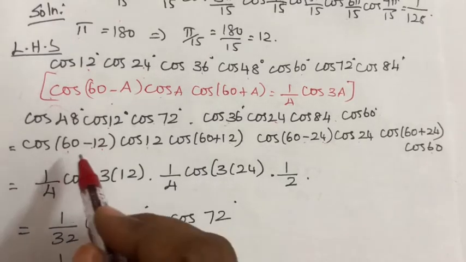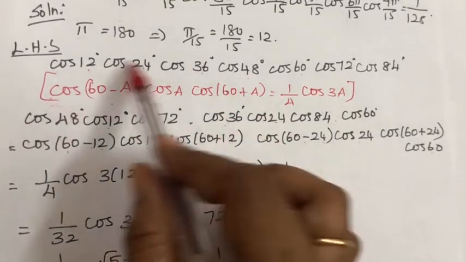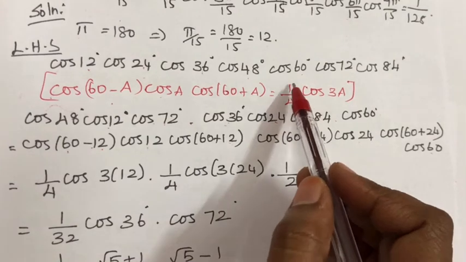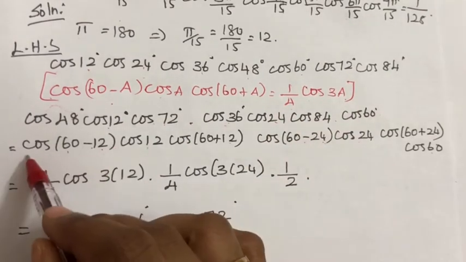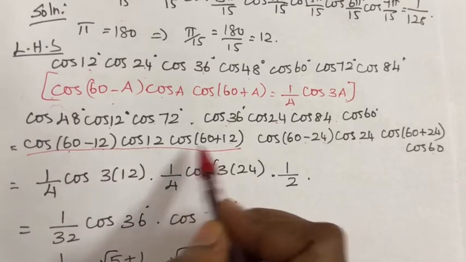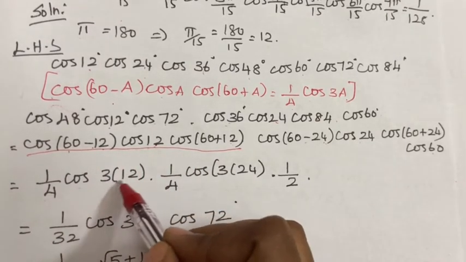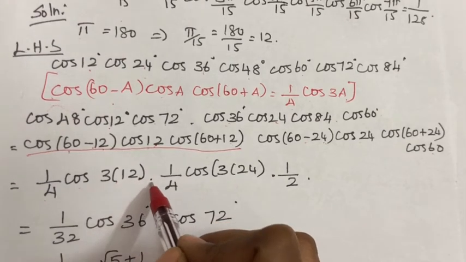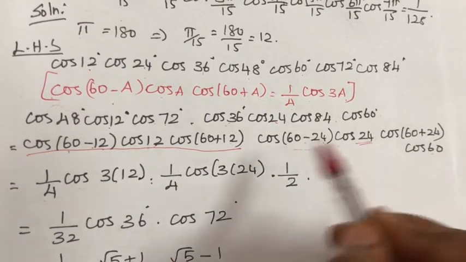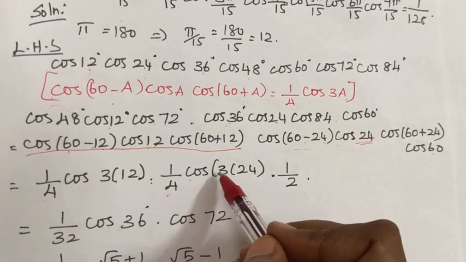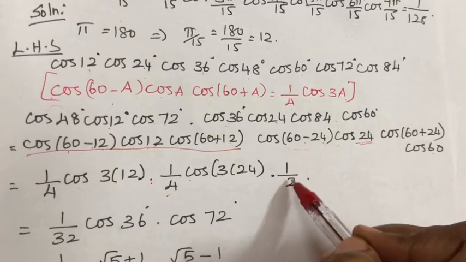So cos(60 minus 12), in the format, so we can write it as 1 by 4 into cos 3a. What is our a here? Our a is 12. So 1 by 4 into cos 3 into 12, into, similarly here our a is 24, so 1 by 4 into cos 3 into 24, into cos 60 is 1 by 2.